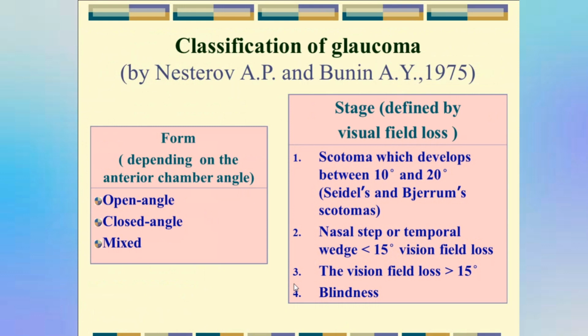The second stage, nasal step or temporal wedge, less than 15 degrees of visual field lost. The third stage, the visual field loss is more than 15%. And the fourth stage is a tube visual field or total blindness.